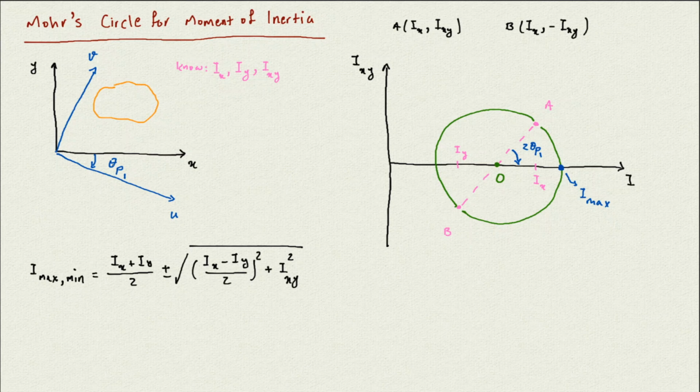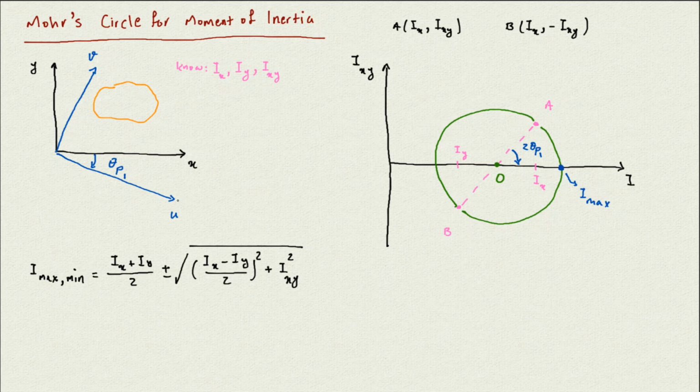So if I start to rotate on that circle until I hit that, this is the maximum value I have on that circle, so it's going to be I max. On the regular axis I rotate by theta p, and here I rotate by 2 theta p. So from x to u is going to be theta p. On the circle, if I rotate 2 times whatever I rotate here, I will get to the point that has the I max.